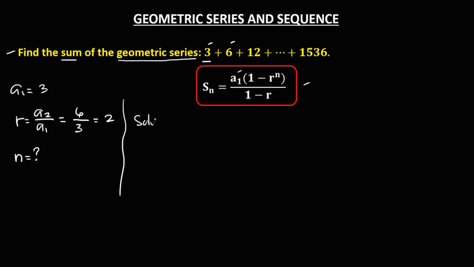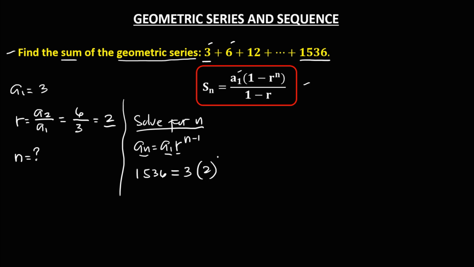So we need to solve first for n, using the formula a sub n equals a sub 1 times r to the power n minus 1. a sub n is the last term. So 1536 equals a sub 1, the first term 3, times r, positive 2, to the power n minus 1.